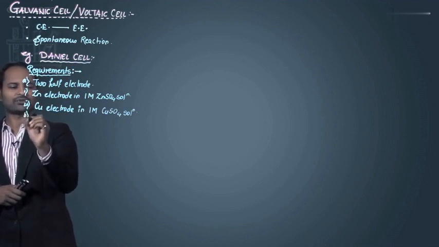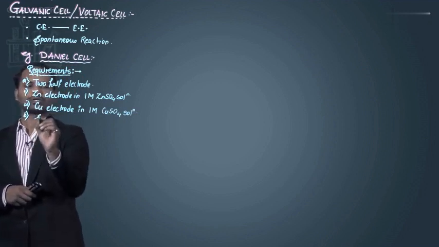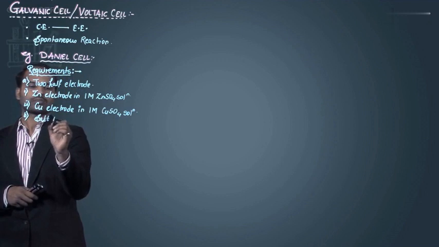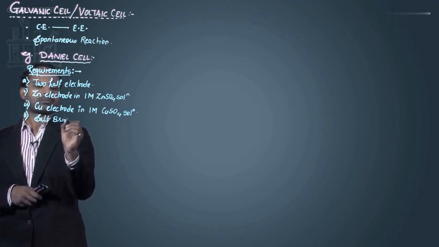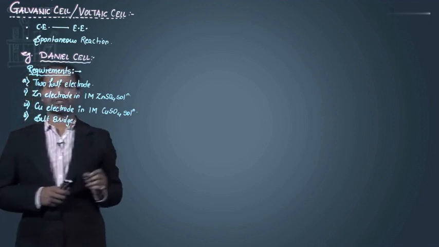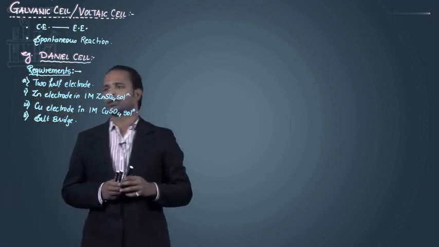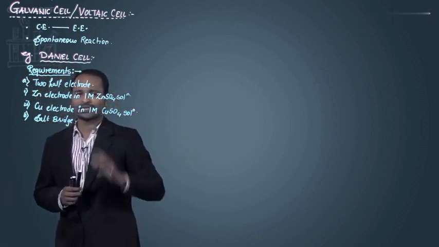Then B, the next requirement is the salt bridge. The salt bridge is also required here. Now let's see how it works. That is a Daniell cell.